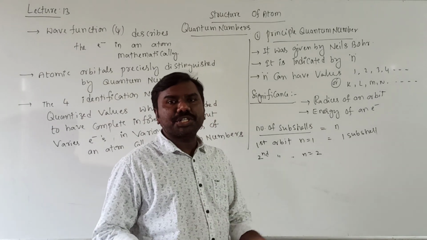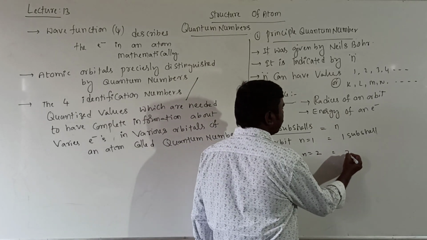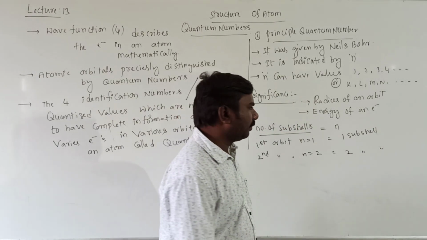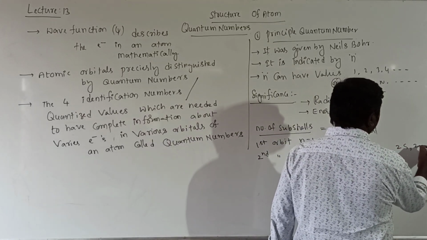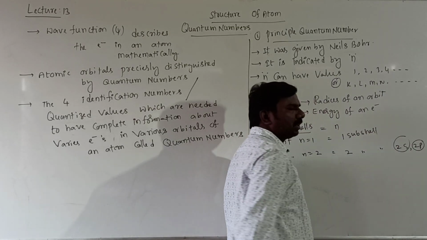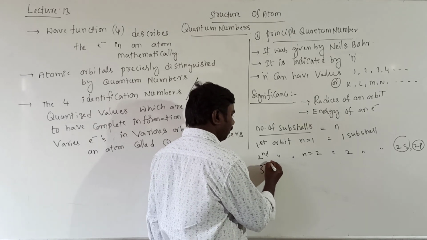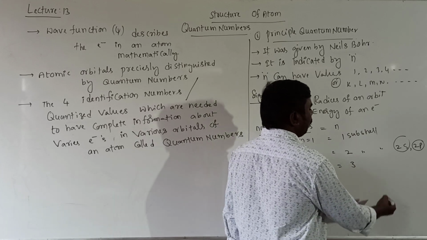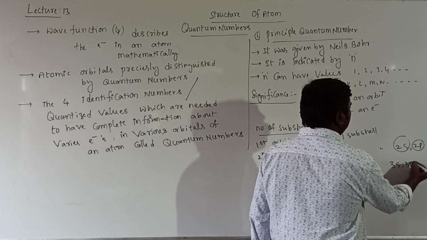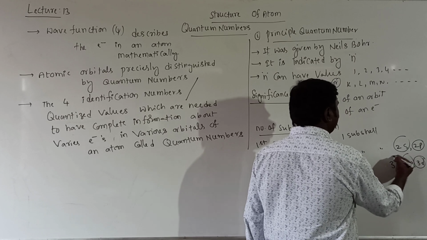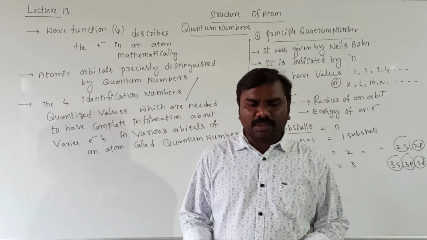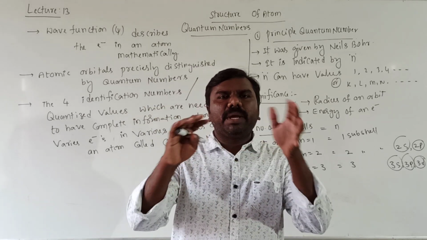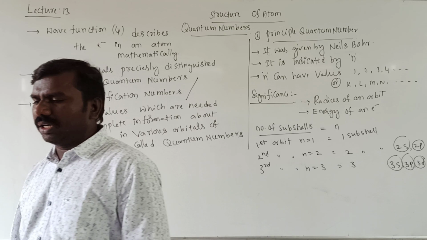Orbit means main shell, so this becomes 2 subshells, that is 2s and 2p. Third main shell contains n equal to 3, that is 3 subshells: 3s, 3p, 3d. The number of subshells is equal to the n value. N means main orbit, nothing but the main shell.